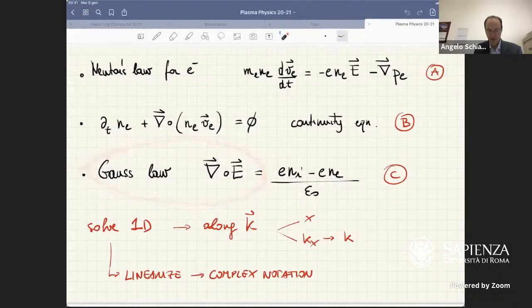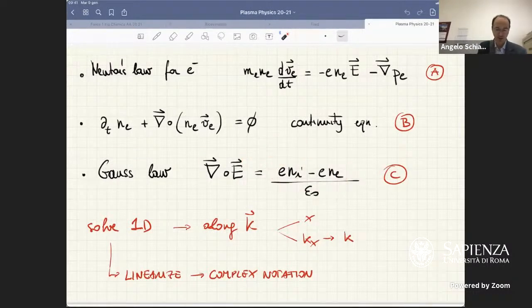So we use Gauss law, which combines the electric field in the plasma with the charge unbalance inside the plasma. So this is coupling the dynamic of electron oscillation together with the sources of electric fields, which in turn determines the motion of the electrons.